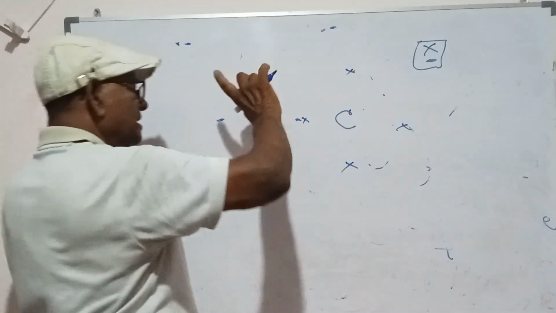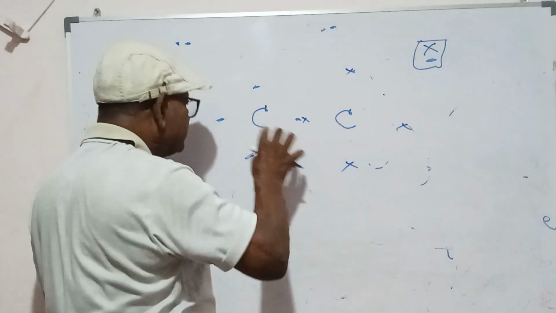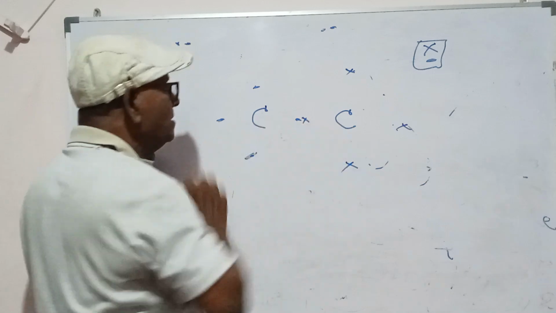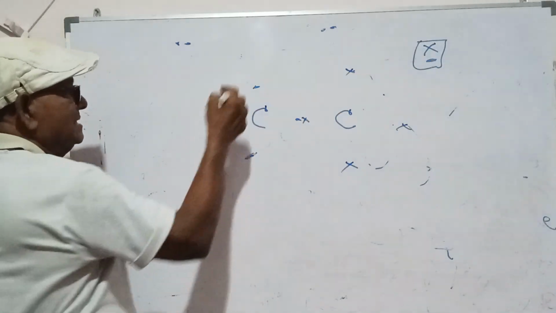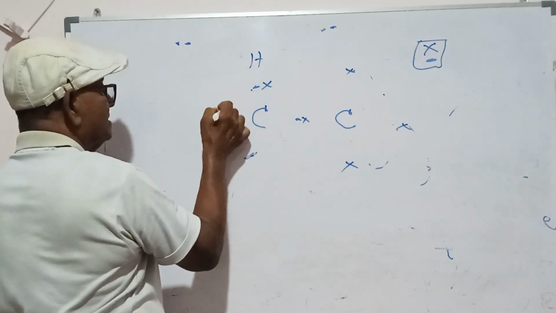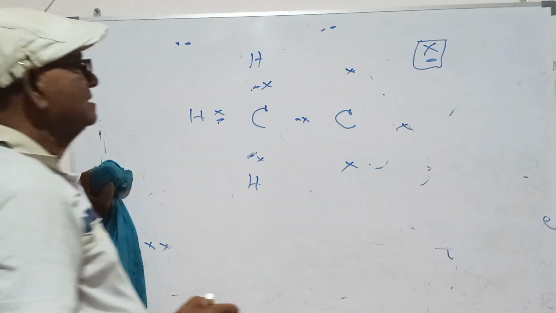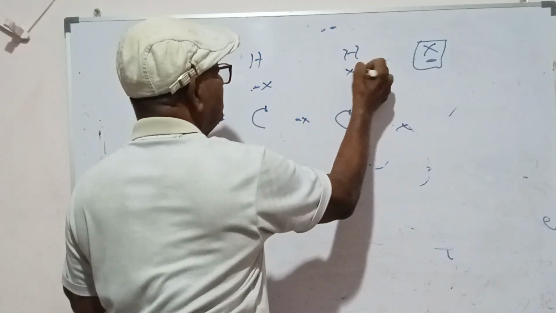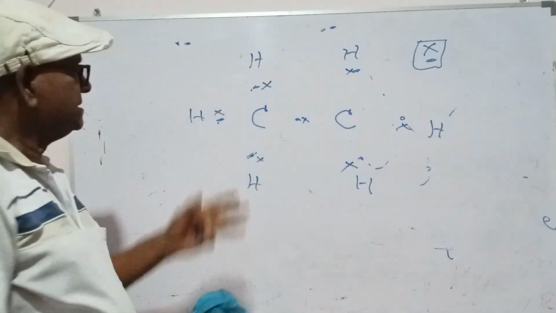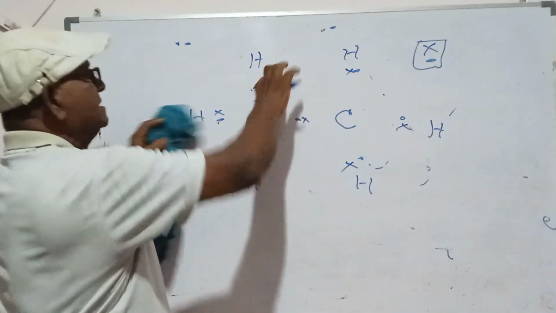So if 2 carbon atoms are going to form a compound, they first combine together forming a share or covalent bond. After that, the other electrons can form 3 covalent bonds with hydrogen. This carbon also can form 3 covalent bonds like this. So it is very easy to form a compound of two carbon atoms with hydrogen.